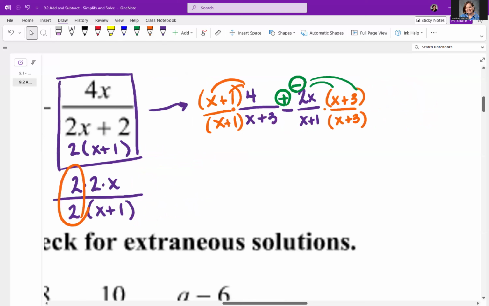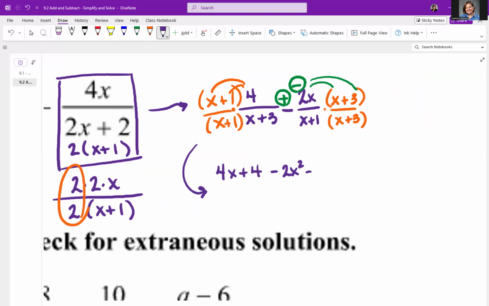So for this problem, I have 4x plus 4 minus 2x squared minus 6x divided by x plus 1 times x plus 3. And I can combine like terms in the numerator.